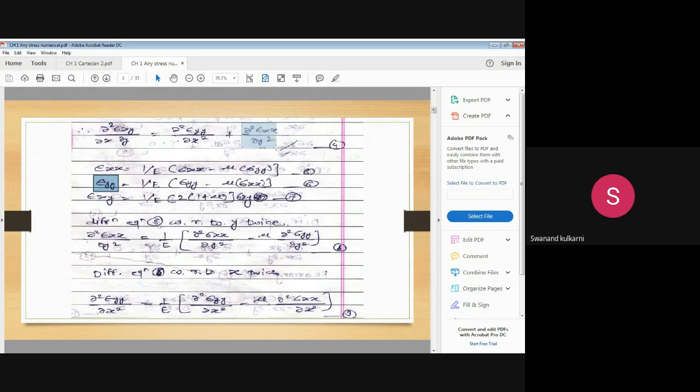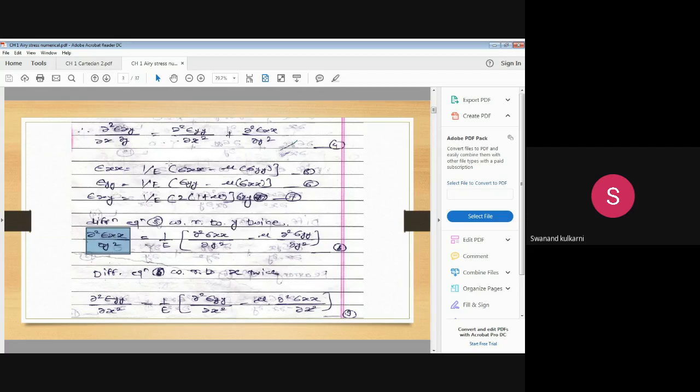And in equation 4, epsilon xx is differentiated with respect to y 2 times. So we get dou 2 epsilon xx upon dou y2, that is, the differentiation of this strain with respect to y 2 times.